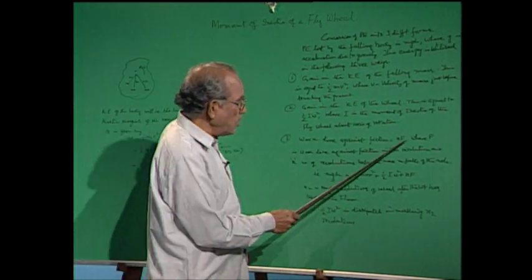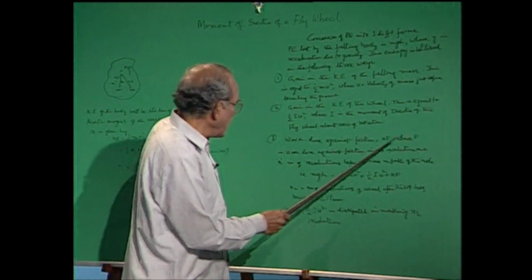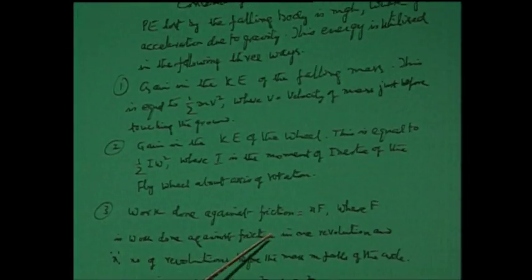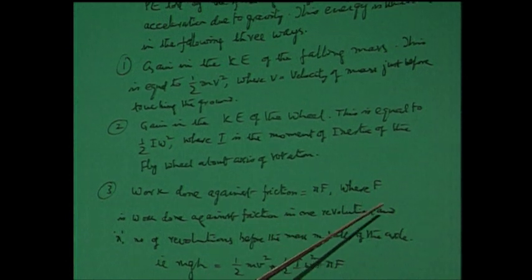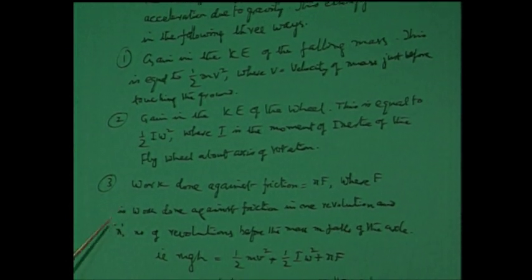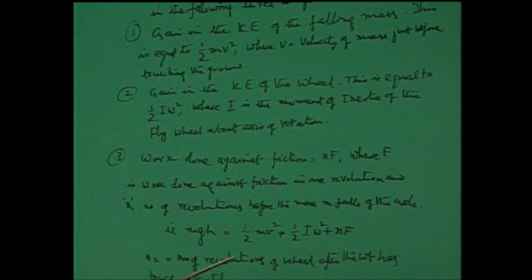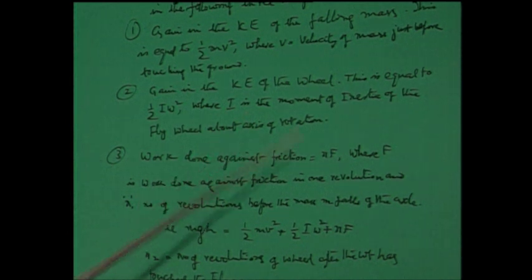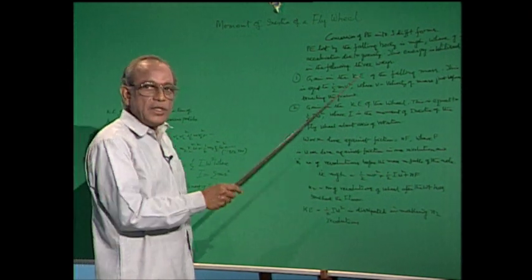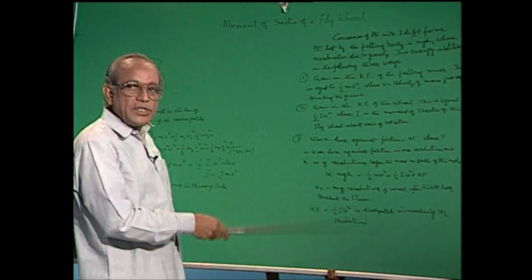So, that is equal to n into f, where f is the work done against friction in one revolution and n is the number of revolutions before the mass m falls off the axle. That is, f denotes the work done against friction for one revolution, and n is the number of revolutions made by the wheel before it touches the ground.